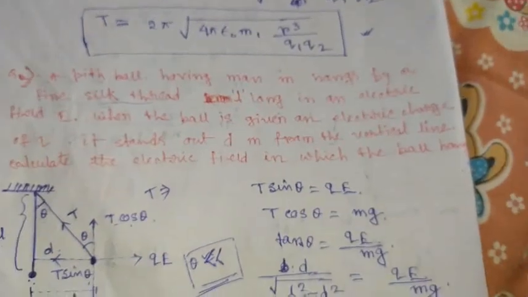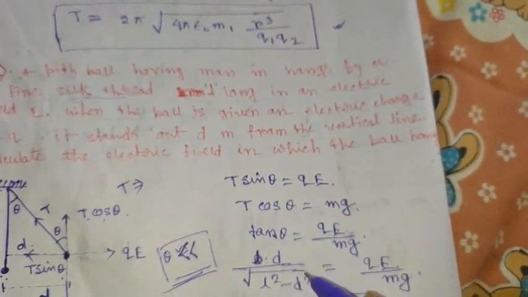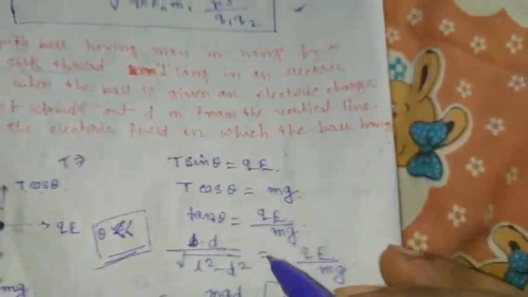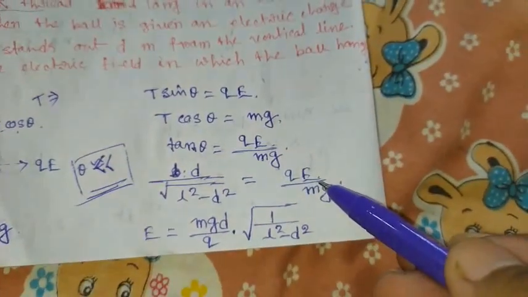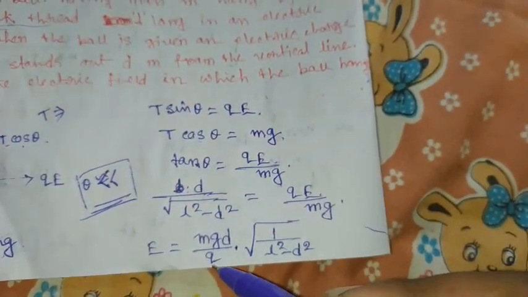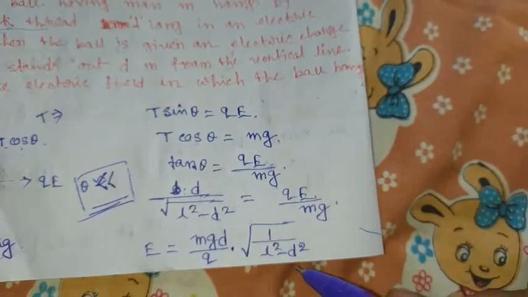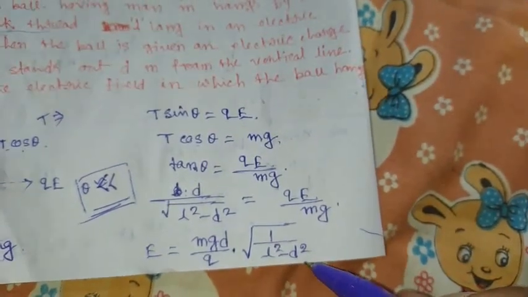So tan theta can be written in this form, then E can be written as mgd by Q times the square root of L square minus d square.